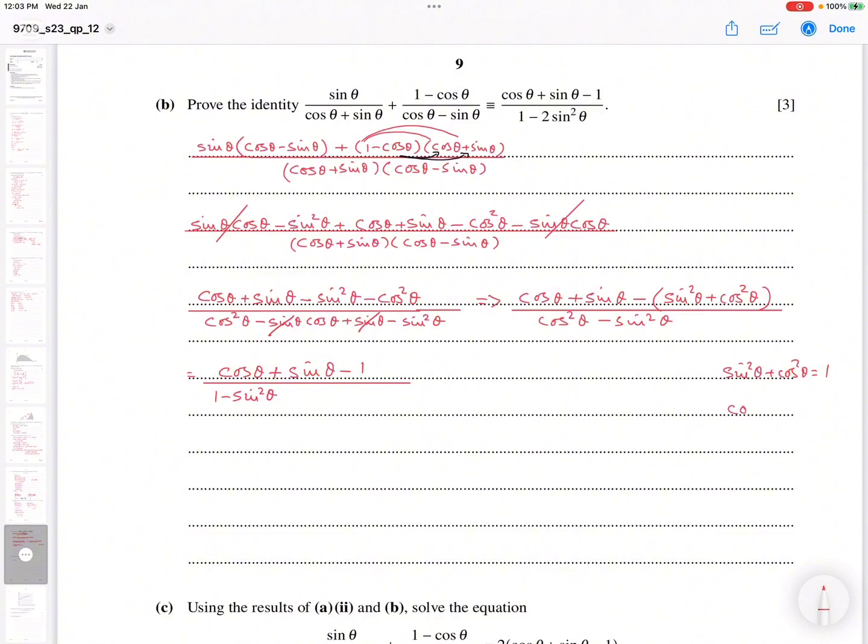If I make cos square theta the subject, I can write 1 minus sine square theta. So this is what I did here, minus sine square theta. So now you can write cos theta plus sine theta minus 1 over 1 minus 2 sine square theta, which is your right hand side. So proved.